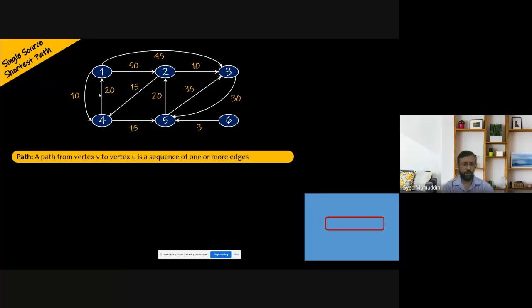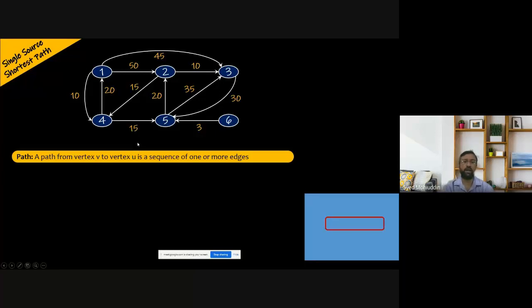Now before we move further, let us look at something known as a path. When we say shortest path from source vertex to all other vertices, let us consider a single vertex: the shortest path from vertex 1 to vertex 2.